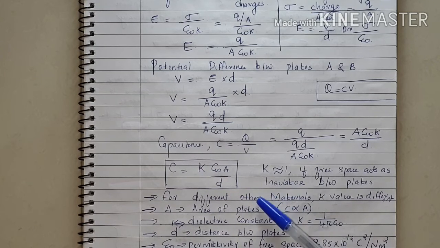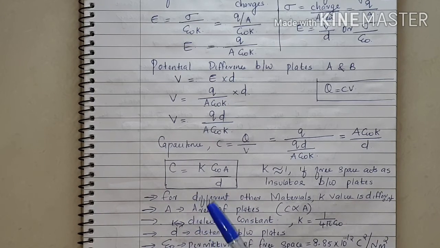This is the equation for capacitance in a parallel plate capacitor. If K is approximately 1, that is if we are considering the insulator, that is dielectric between the plates, as free space, K is approximately 1. So C becomes epsilon 0 A by D. For other materials, K value is different.